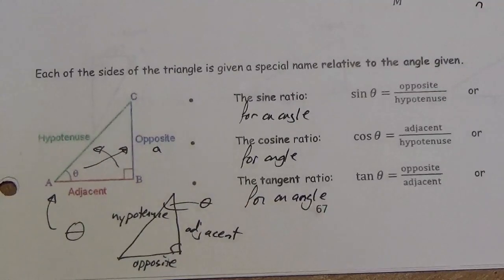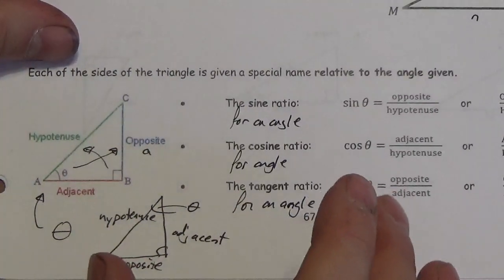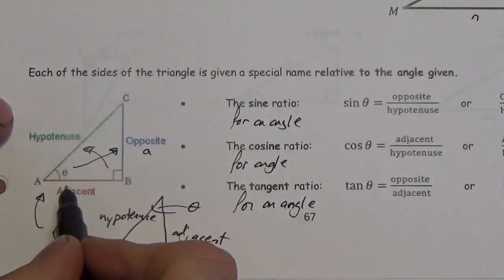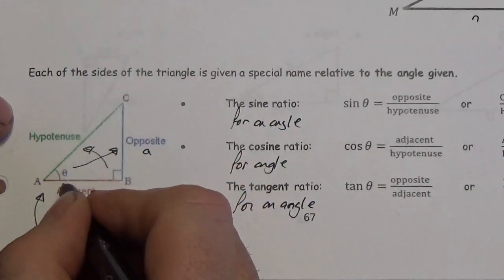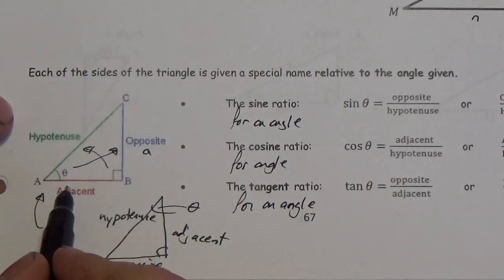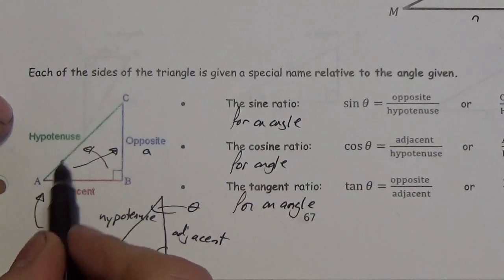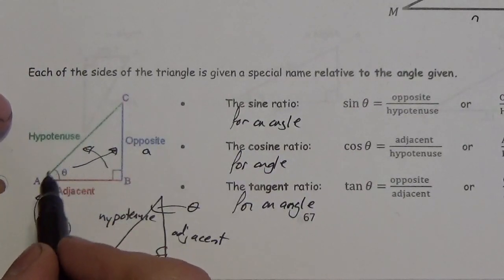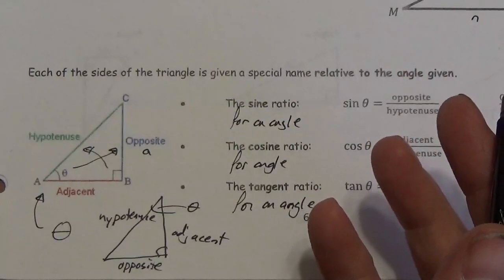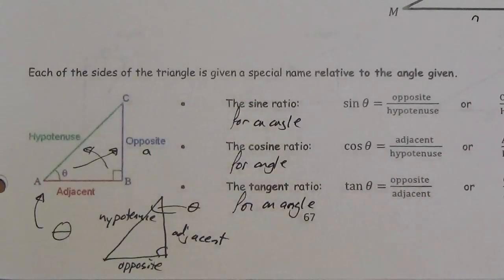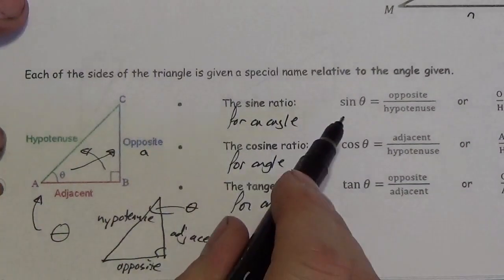Okay? That's one of the really neat things about these triangles. If I was to draw a really, really small triangle with the same size of angles, the ratio of the opposite side divided by the hypotenuse would be the same for that little triangle as it is for the big one. It's always the same. But it always depends on the angle.